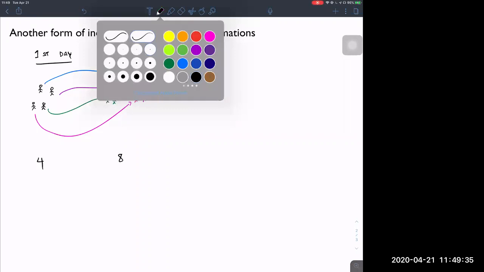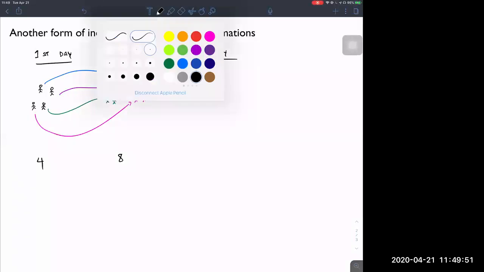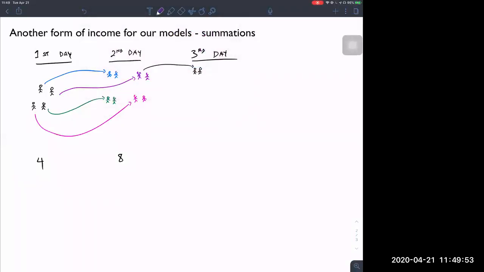Now, if this pattern, if you will, continues, how much do we think we'll have on the third day without me having to draw every single pair out? Nobody? Somebody?